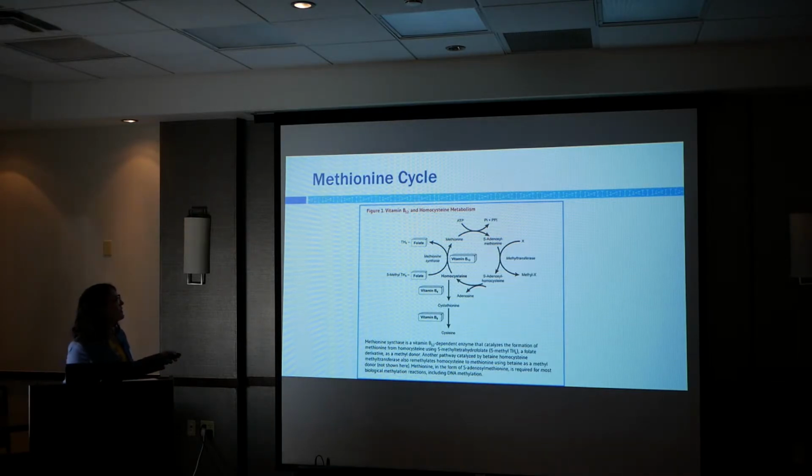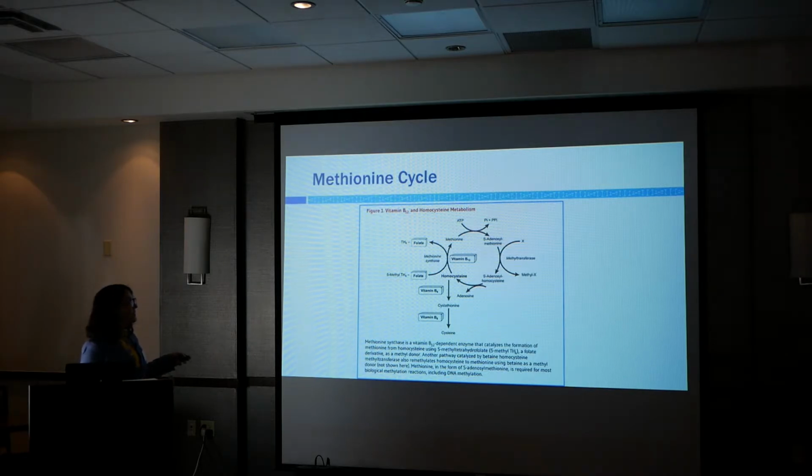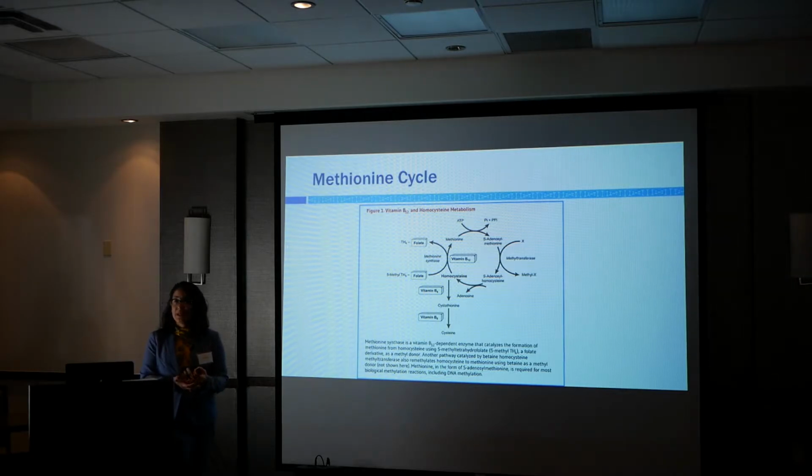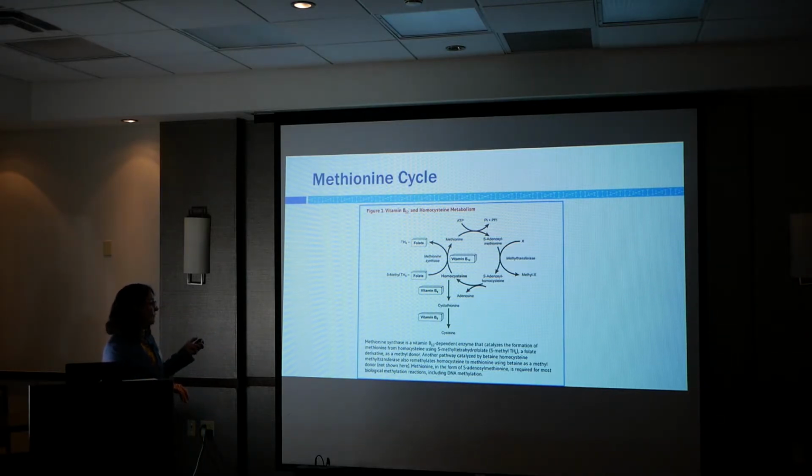So then over here, we can get our S-adenosine methionine to transfer our methyl donors. And these are the methyl groups that we need in order to feed that one carbon metabolism all over the body, create our neurotransmitters, work on those detox pathways. And I think it's fun to just point out, methionine is essentially just methyl homocysteine.